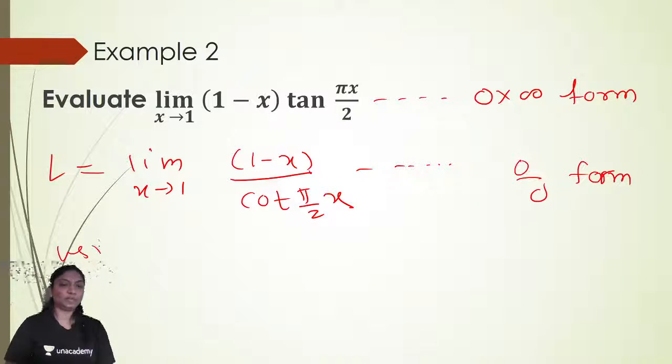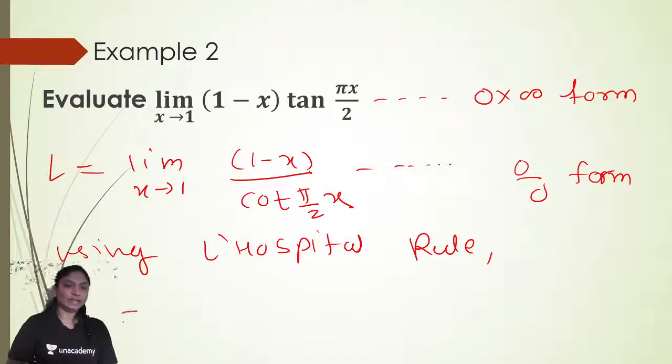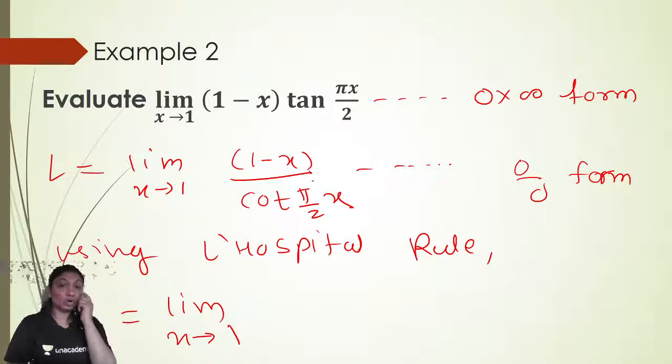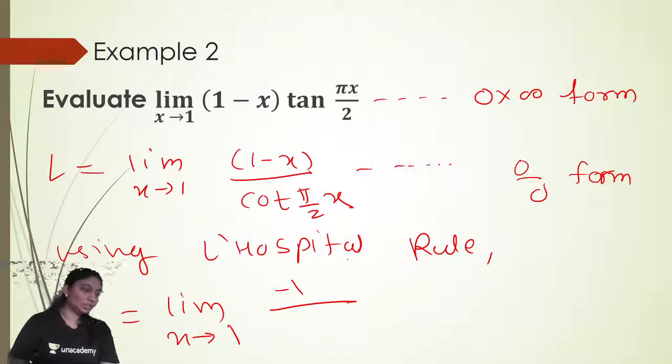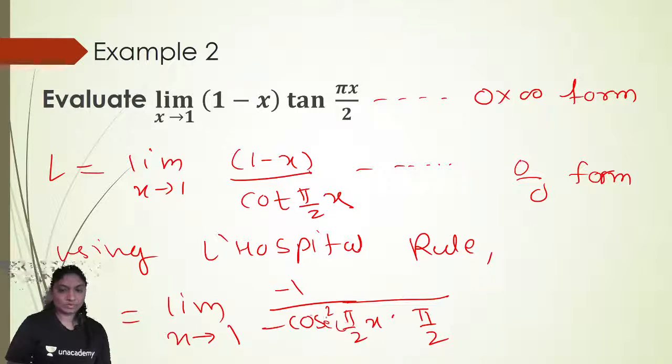So using L'Hospital rule, we get L is equal to limit as x tends to 1 of (1 minus x) upon cot pi by 2x. Derivative of 1 minus x is minus 1, upon derivative of cot pi by 2x, which is minus cosec square pi by 2x into pi by 2.